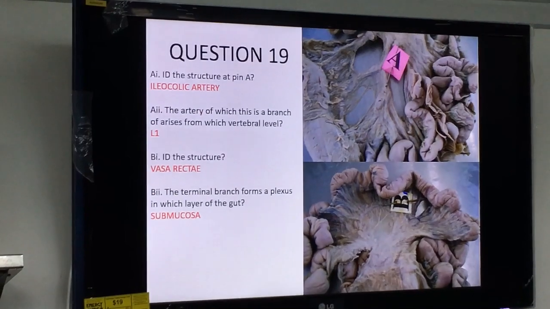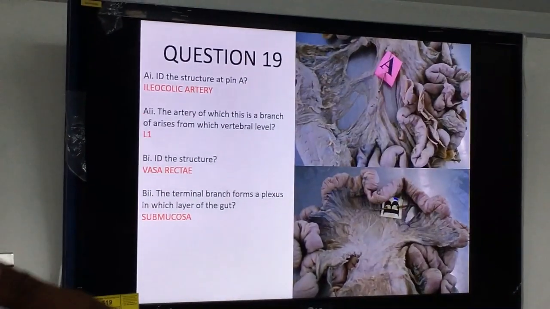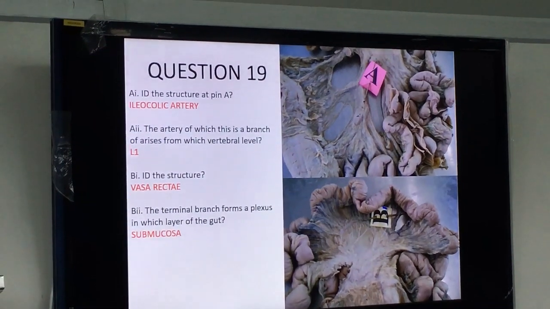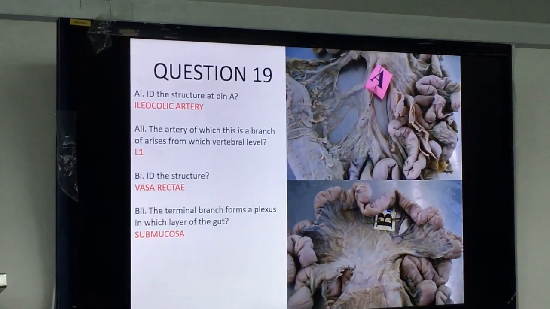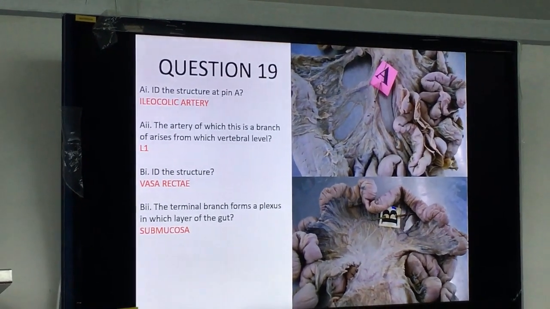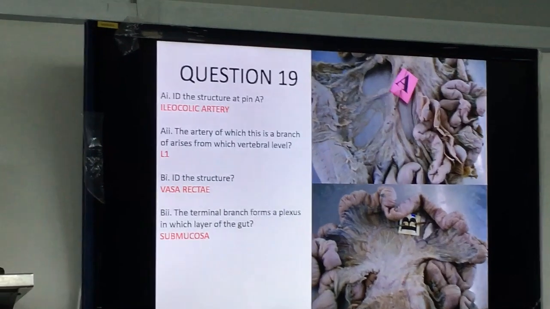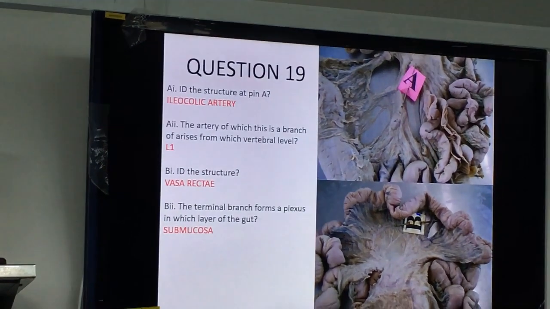You see the bowel looks a little bigger than everything else. That's the cecum on the left side. I see the ileum on the right side. And you said an artery is going straight to the cecum.